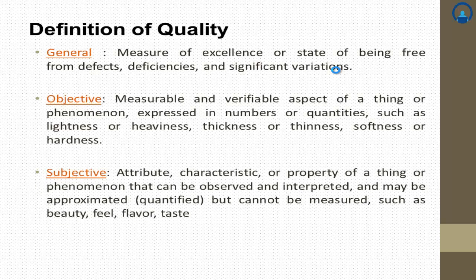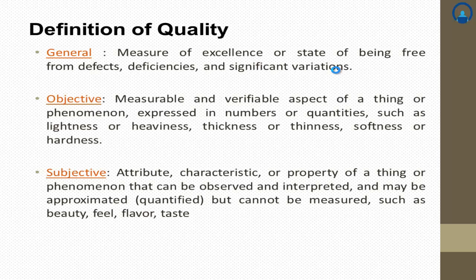Next definition from a subjective perspective: attribute, characteristic, or property of a thing or phenomena that can be observed and interpreted and maybe approximated, like quantification. Some kind of quantity can be attached to it, but cannot be measured on a scale. Rather, there is no definite scale for measurement of it, such as beauty, feel, flavor, taste.